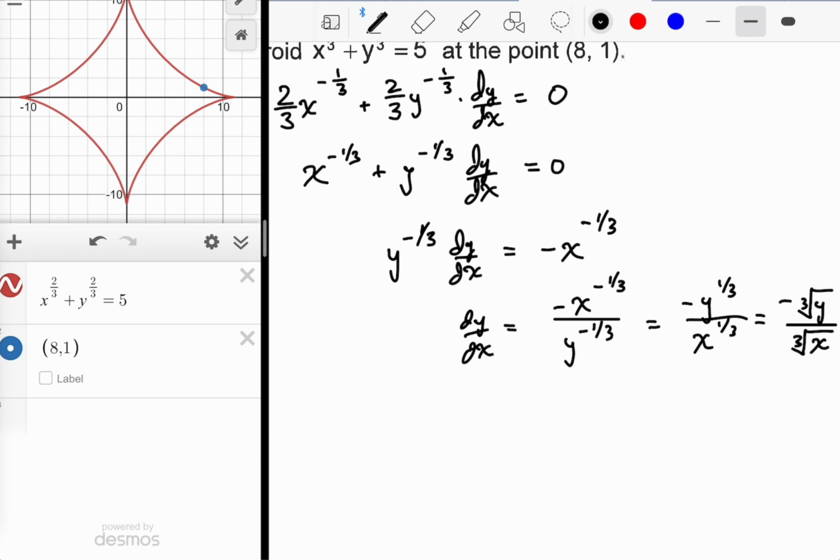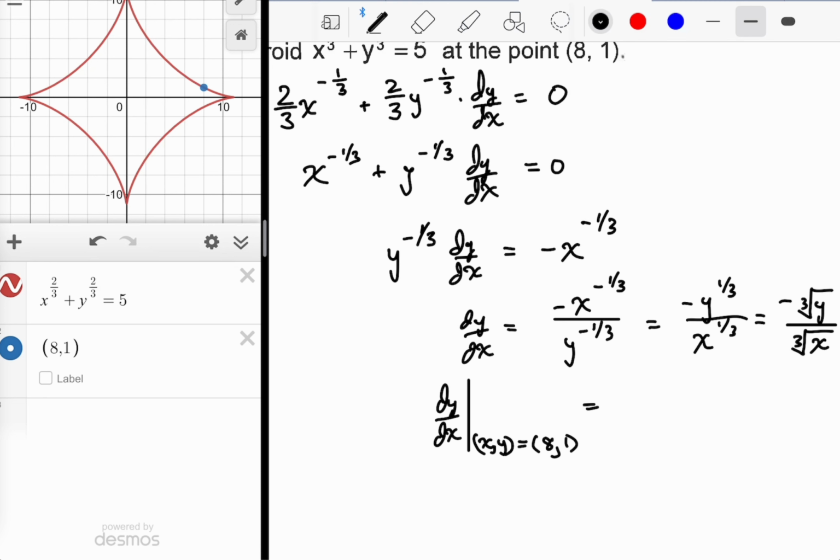Anyway, to find the slope of the tangent line, dy dx would need to be evaluated such that x, y is equal to 8, 1.